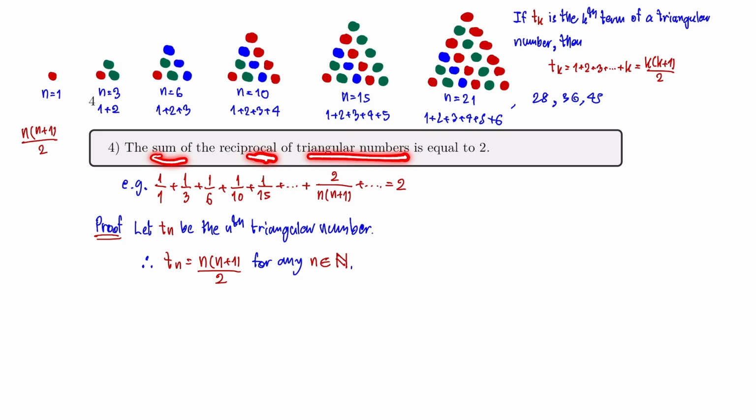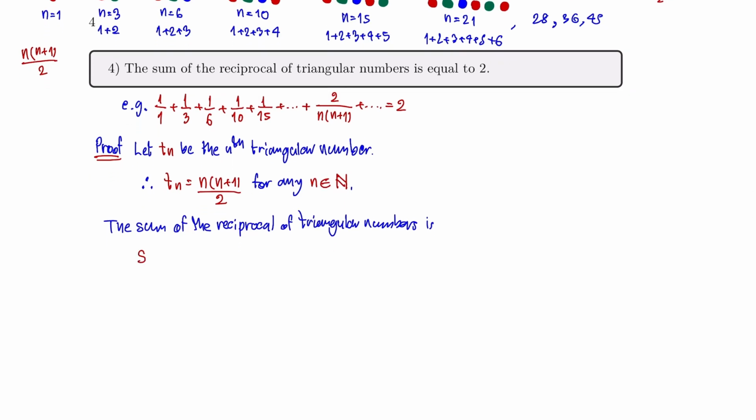Alright, so the sum of the reciprocal of triangular numbers, I gotta write as infinity, is equal to the sum of 1 over Tn from n equal to 1 to infinity.